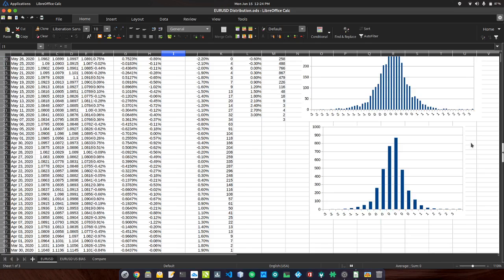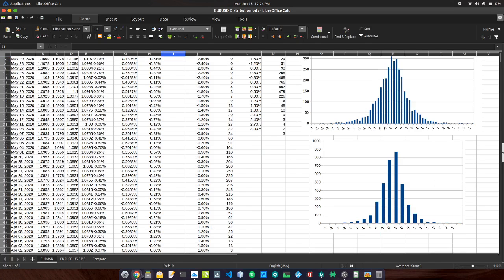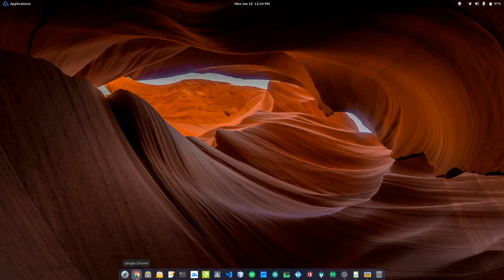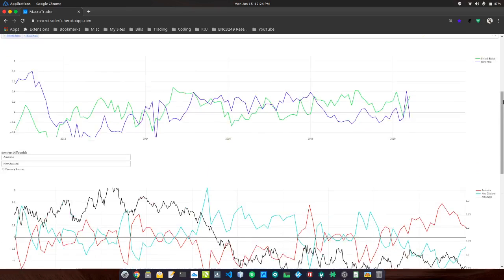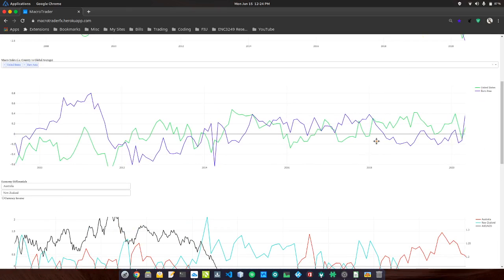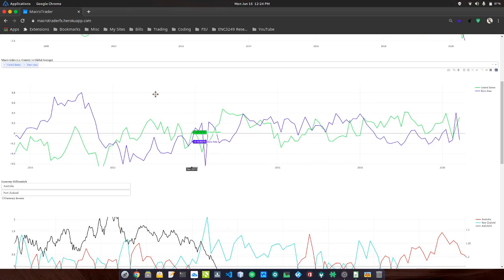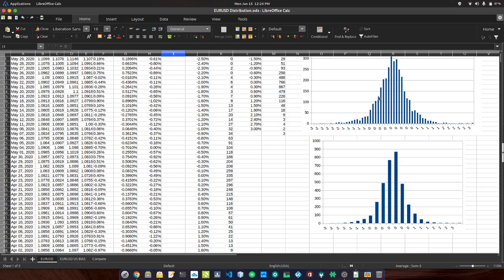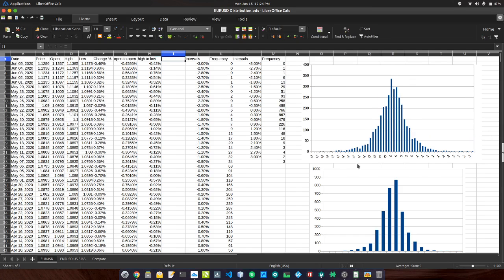Now, what's interesting? If you go to the MacroTrader software and do a little study on when the economic data is telling you one economy is doing better than the other, and then look at that distribution of returns, this is all of it. This is a large history, and it's quite even.